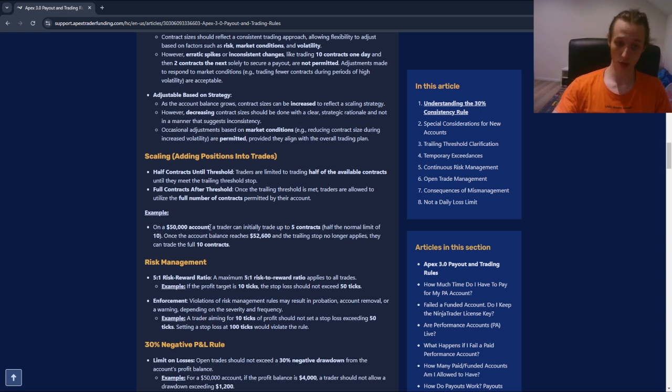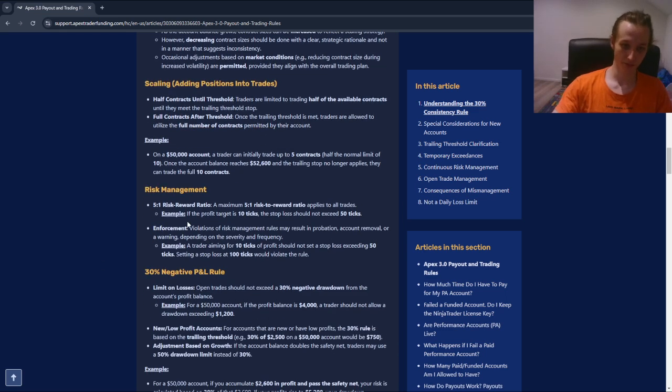Example, on a $50,000 account, a trader can initially trade up to 5 contracts, half of the normal limit of 10. Once the account balance reaches $2,600 and the trading stop no longer applies, they can trade the full 10 contracts. I think you guys can understand this by yourselves.